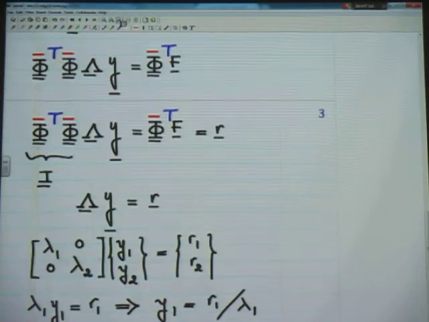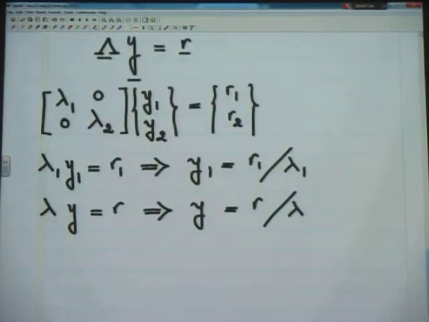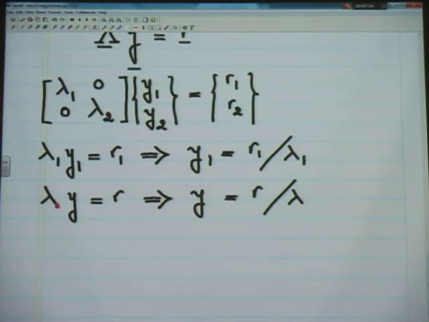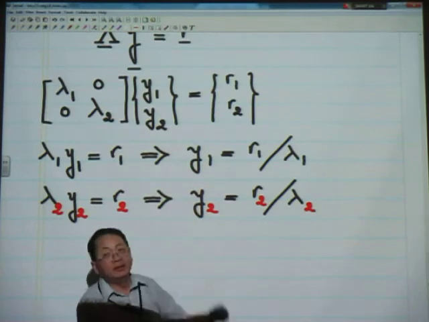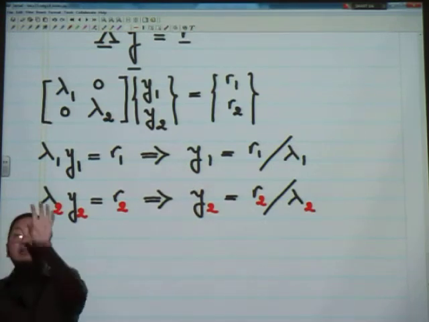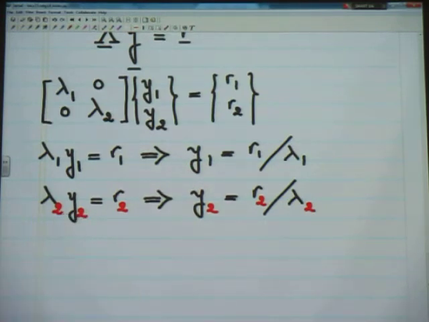So with the index now 2, lambda 2 y2 is equal to r2. There's no y1 in this equation. So therefore y2 is equal to r2 divided by lambda 2, right? Lambda 2 was equal to 3. And r2 is what you can compute by multiplying phi bar transpose times f.